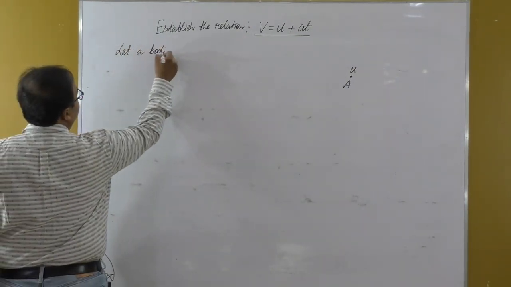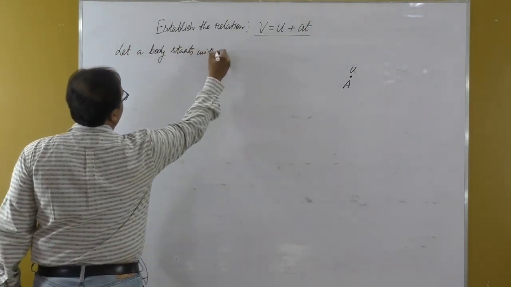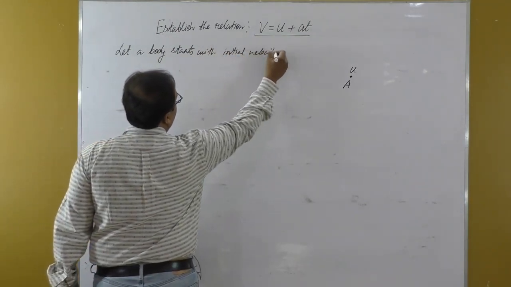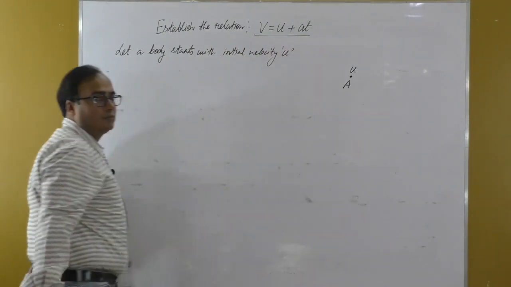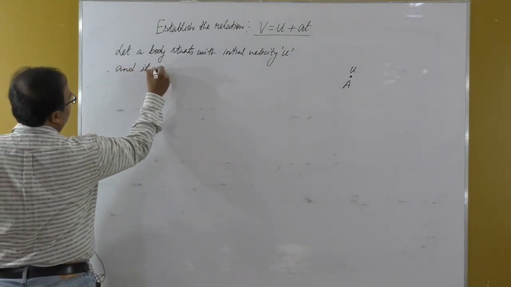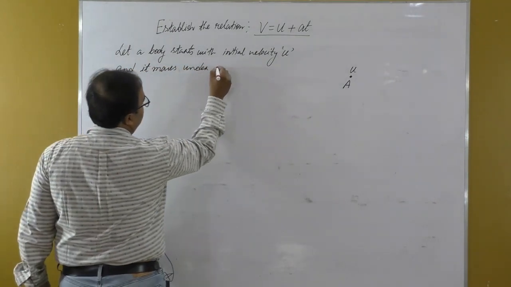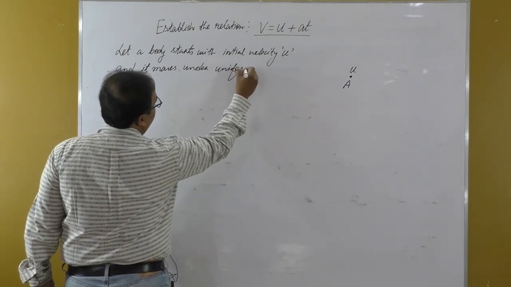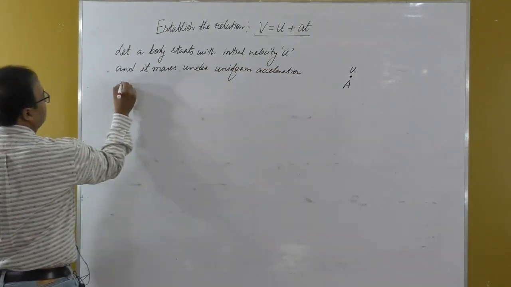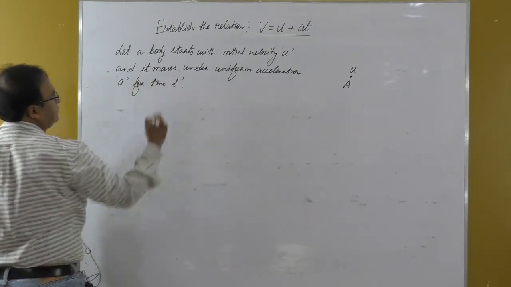So we can write, let a body start with initial velocity u and it moves under uniform acceleration a for time t.